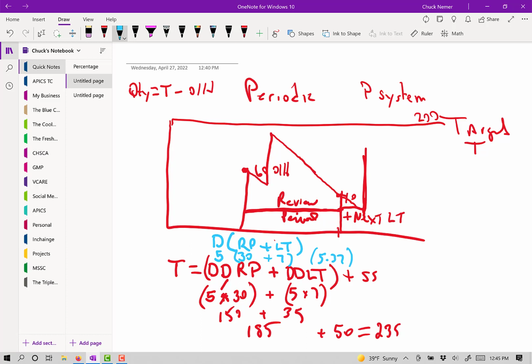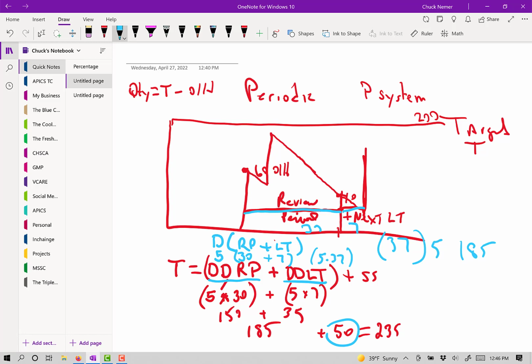Okay, so our target is the demand during the review period, in our example 30 days, plus the demand during the next lead time, 7 days. We've got to cover 37 days, and at 5 per day, that's 185 plus any additional safety stock.